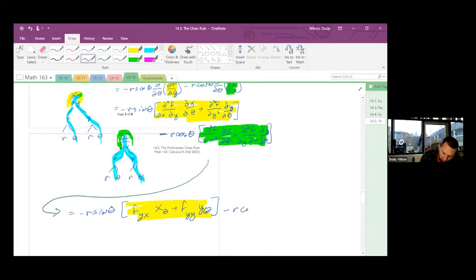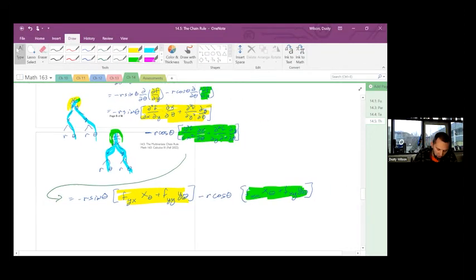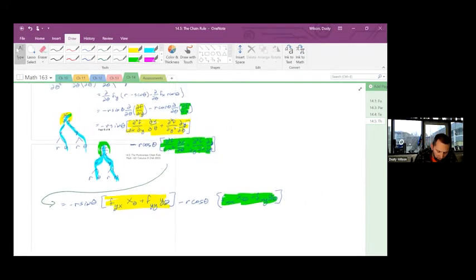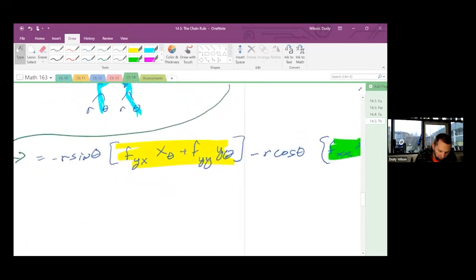Minus R cosine theta times F of XX, x sub theta, plus F of XY, y sub theta. And that's the green part. Okay, what are these? Remember that x equals r cosine theta, y equals r sine theta.